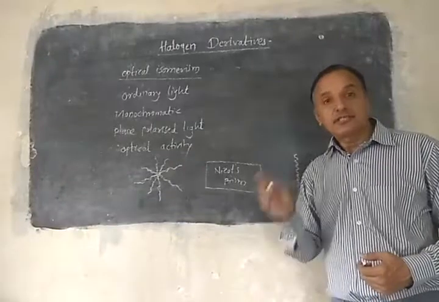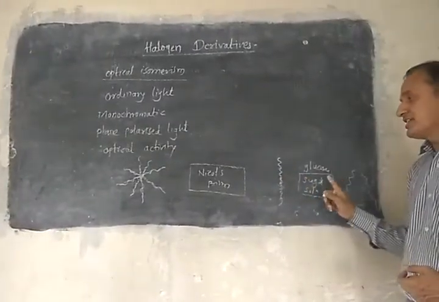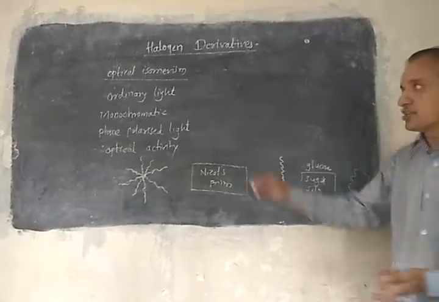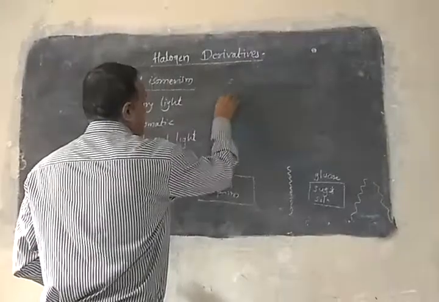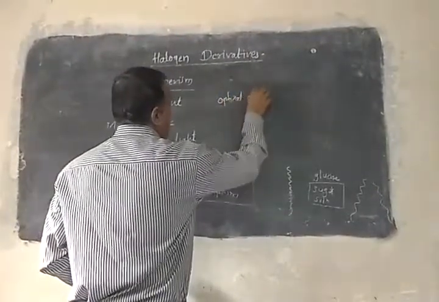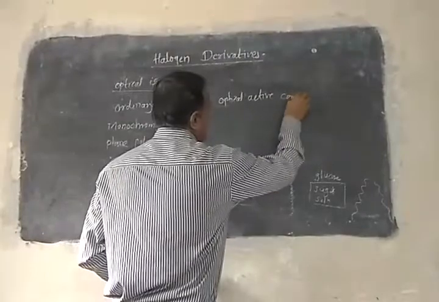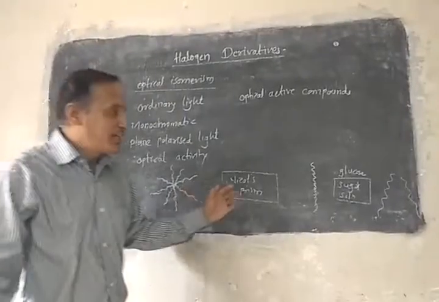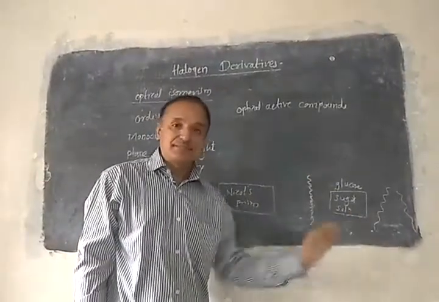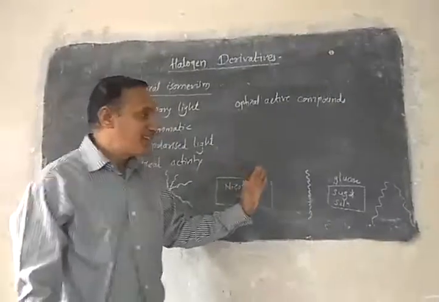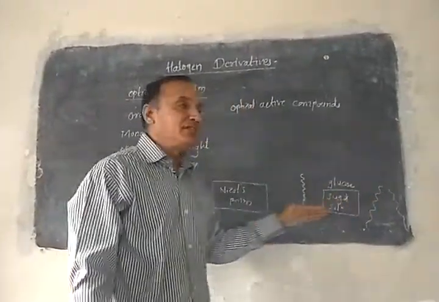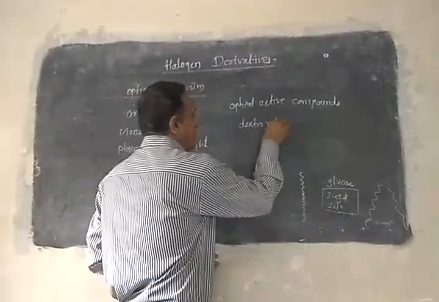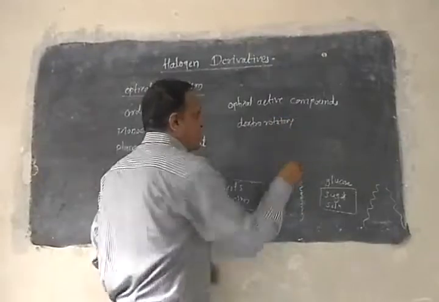Further, the substances which show this phenomenon of optical activity are called optically active compounds. Those that rotate the light to the right direction are called dextrorotatory.